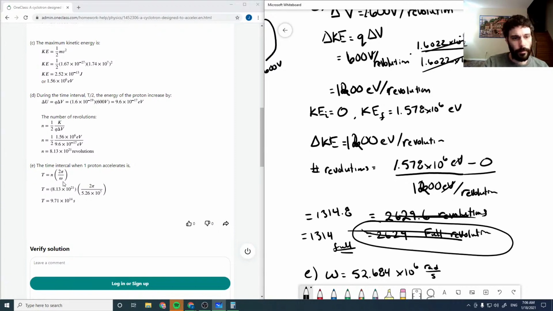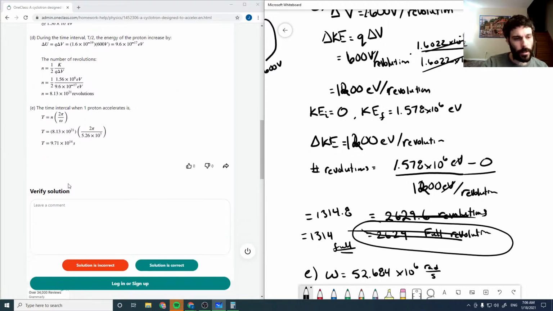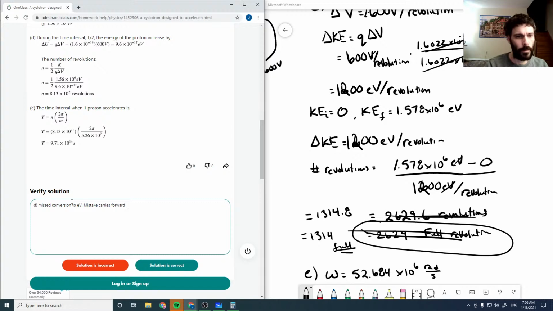And then obviously that's going to carry forward to there. So let's say the mistake in conversion to eV carries forward to E.